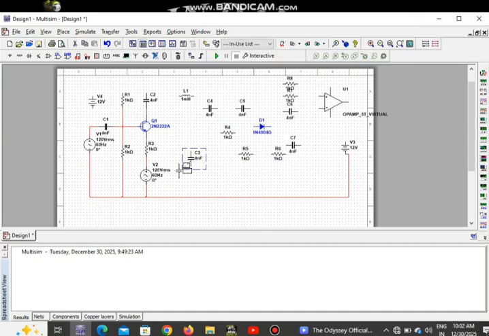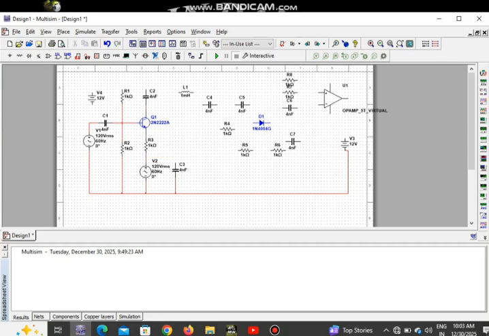Capacitor flip, join between R3 resistance and ground, in the middle, top of the R3 and grounded capacitor.